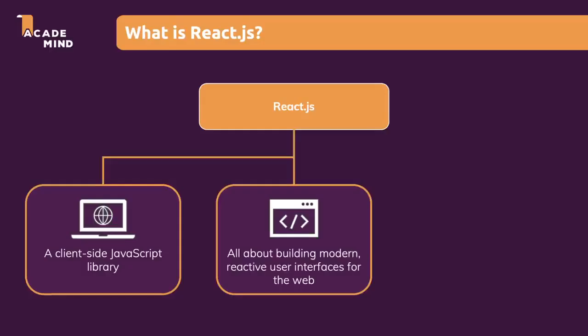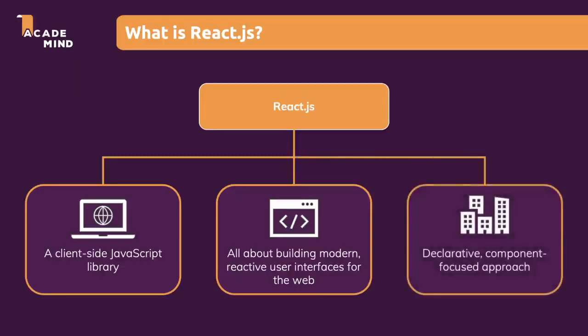And that is why we want to use ReactJS. It makes building modern, rich, complex user interfaces easier, and it does so by giving us a higher level syntax where we write code in a declarative way, in a declarative component-focused way.